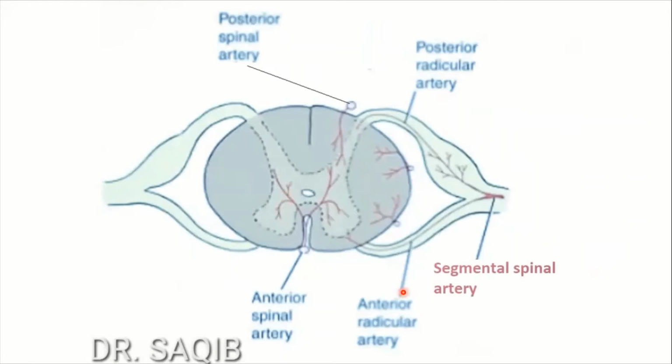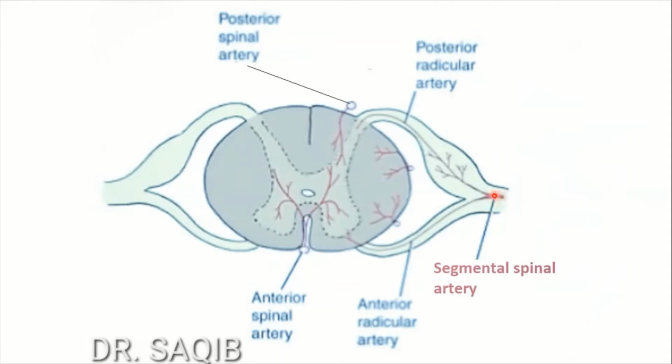So here you see this is the posterior spinal artery, and this is the anterior spinal artery lying in the anterior median fissure, right? Branches are being sent into the substance of the spinal cord. And these are the segmental spinal arteries.